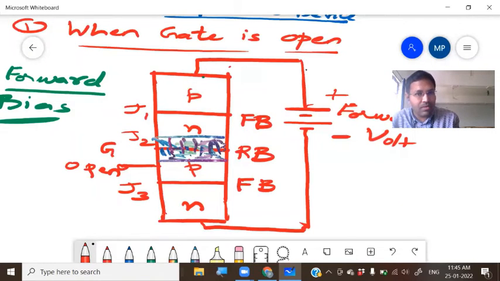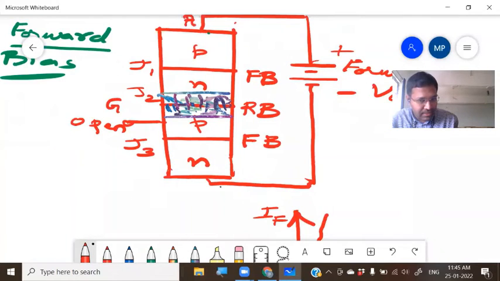We have discussed that the top P region is the anode A, and the bottom N region is the cathode K. All this we have seen.